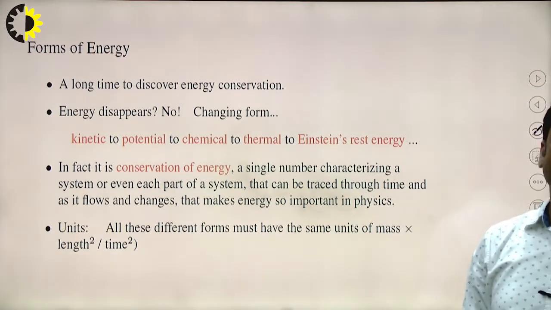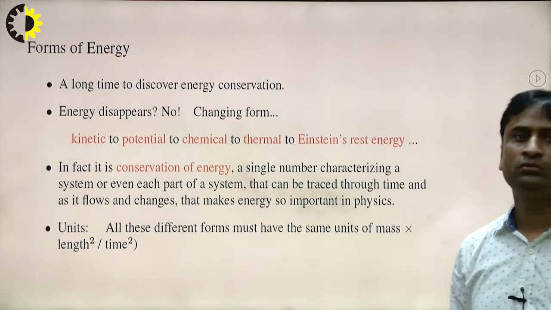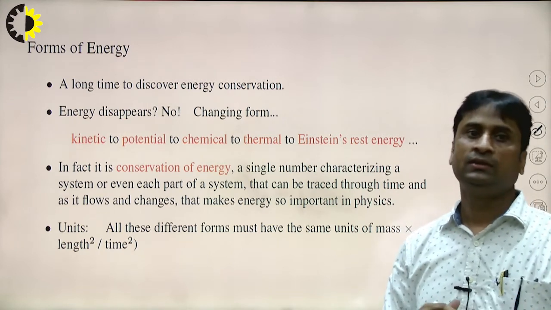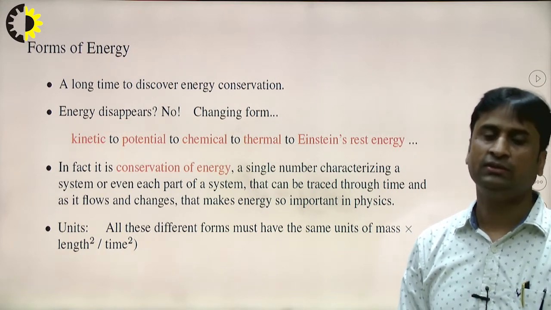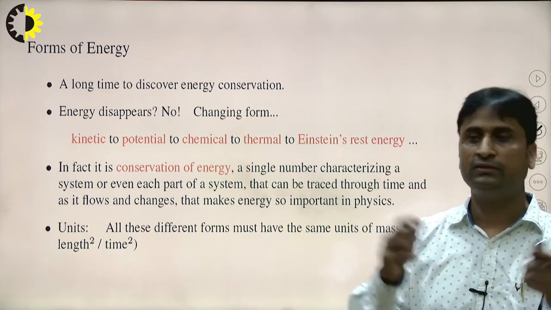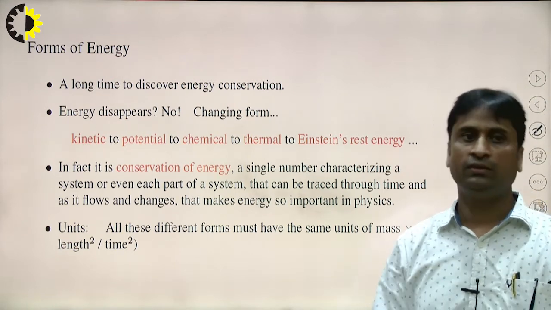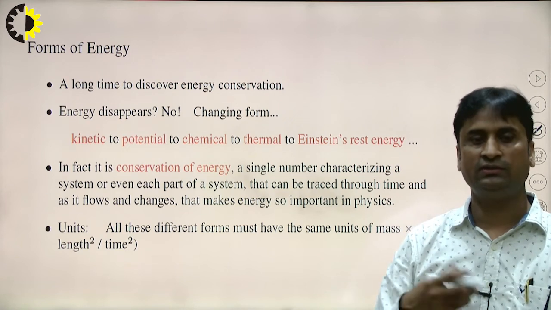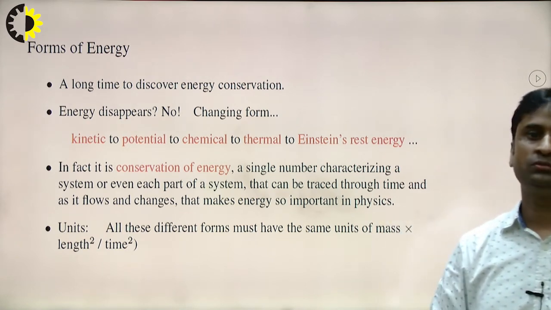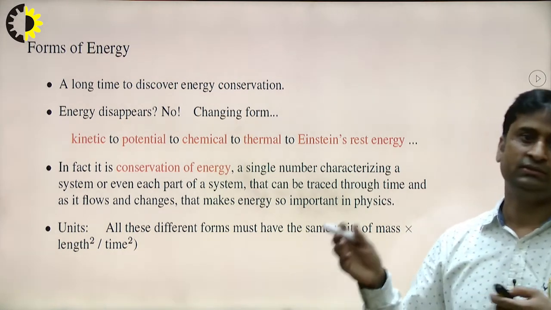Now the different forms of energy, that is not a debatable question. We know there is a law of conservation of energy. That means the energy is just changing its form. It will not disappear. It just changes its form, like from kinetic to potential to chemical to thermal or some rest energies.